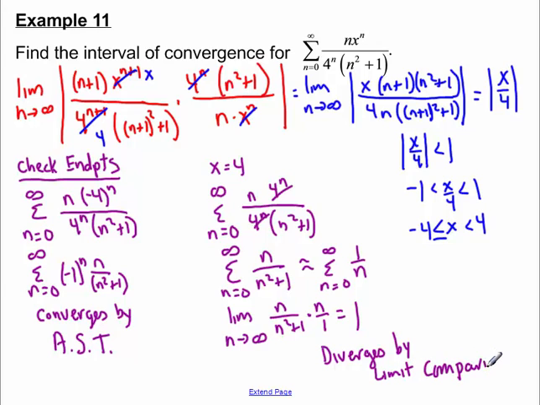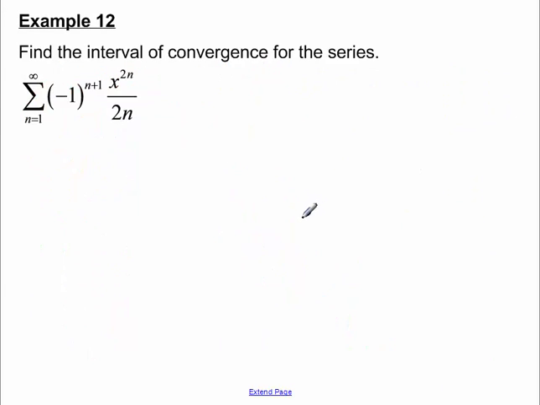Okay, next example. Let's do another one. In this one, again, the same thing. You have to do the ratio test to determine what your interval is. Limit as n goes to infinity of the n plus 1 term. So I have -1 to the n plus 2 times x to the 2n plus 2, because if I plug in n plus 1 and distribute the 2, all over 2n plus 2.